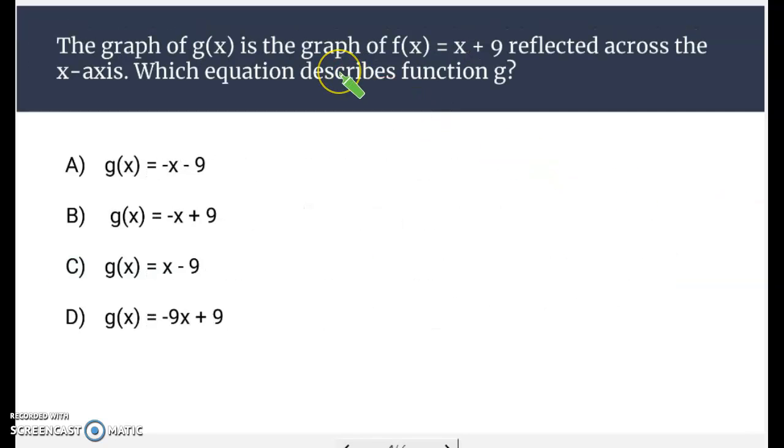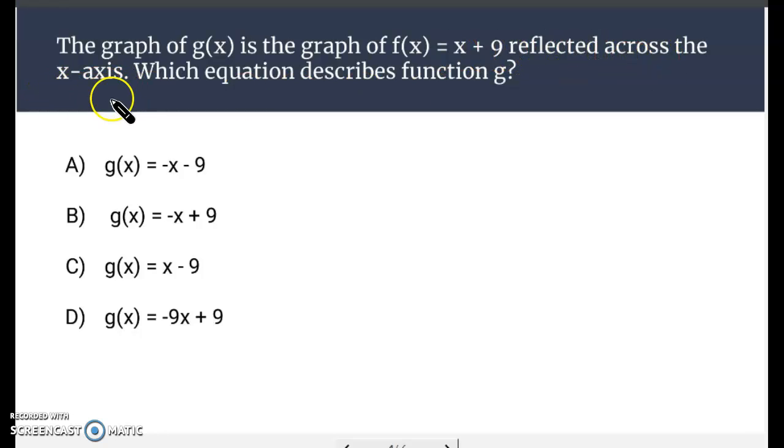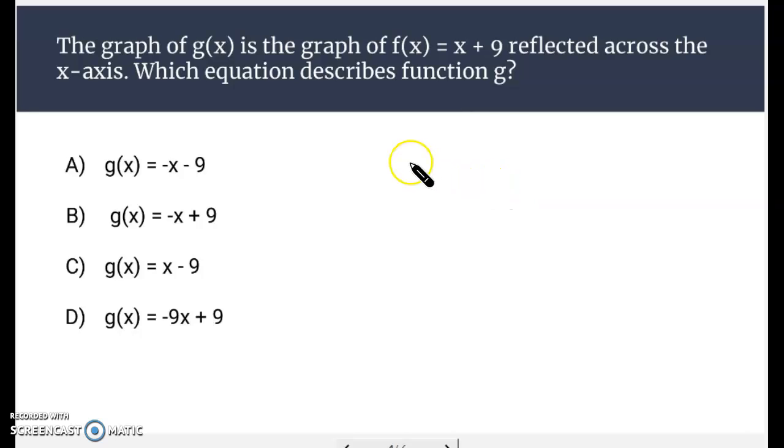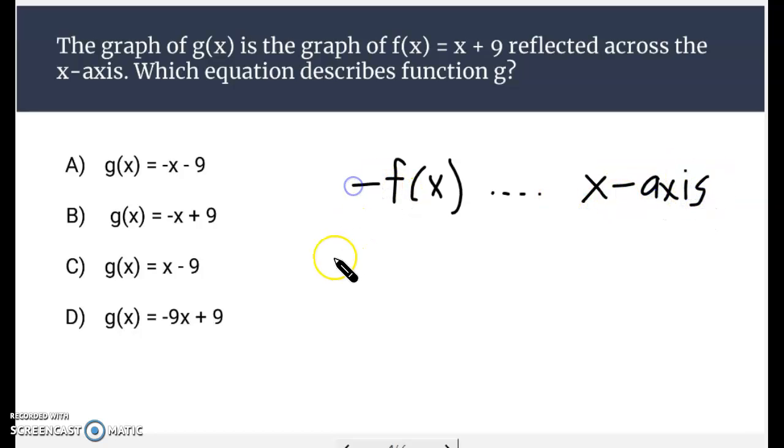All right, now we actually have a real function to look at here, and we really didn't get into this too in depth on Desmos. The graph of g of x is the graph of f of x plus 9 reflected across the x-axis. So there's that x-axis we were talking about. And if you reflect it across the x-axis, basically, here's f of x. And if I want to do the x-axis reflection, I'm going to have the negative outside, meaning every sign in the function gets changed.